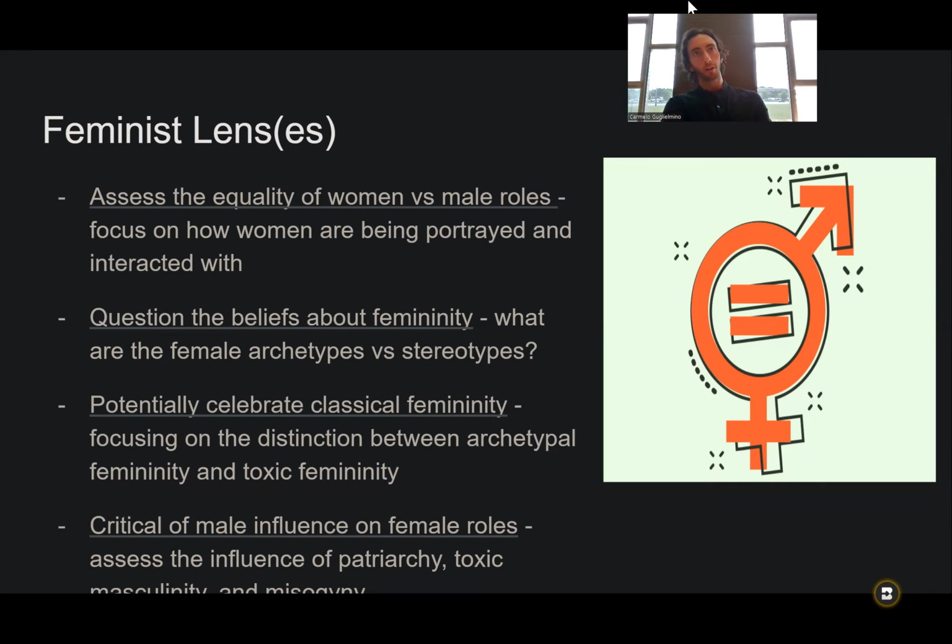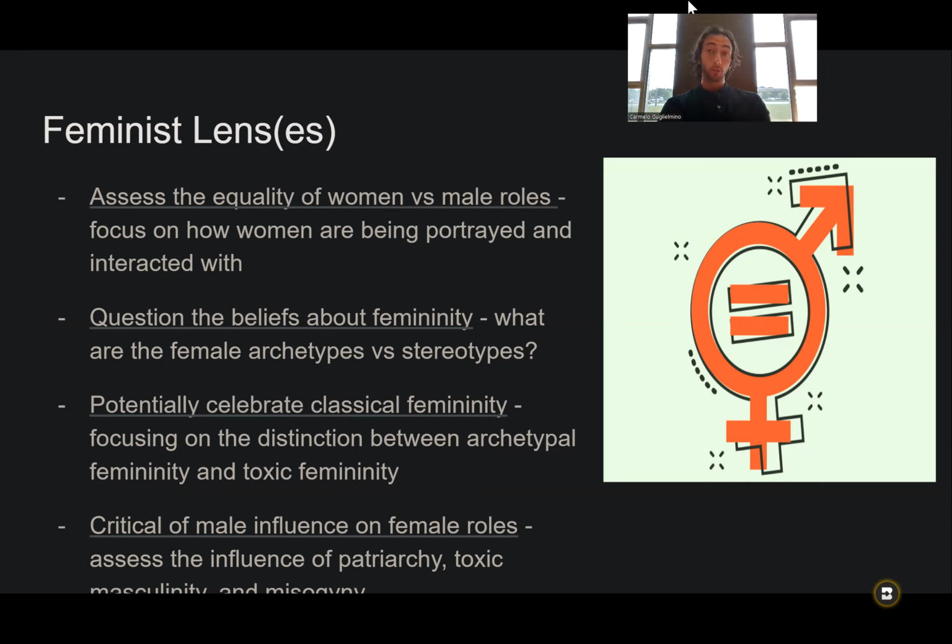Virtually all, or 99%, of female characters in Sir Malory's legends are relatively negative characters. So the feminist lens would look at this story, and it would immediately focus on that and say, wait a minute, what's going on there?